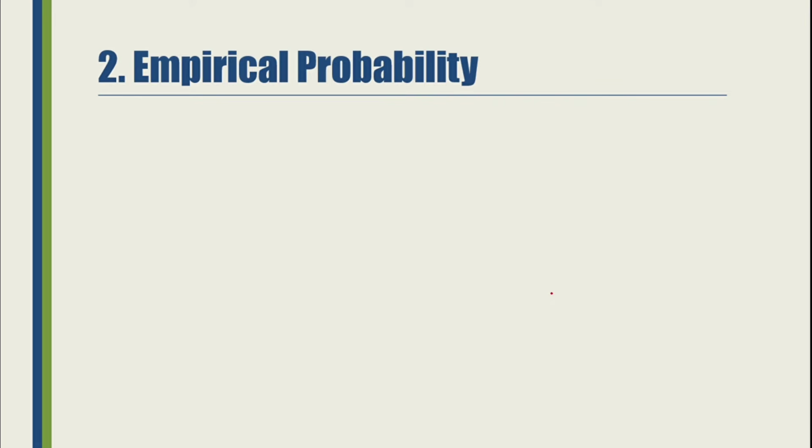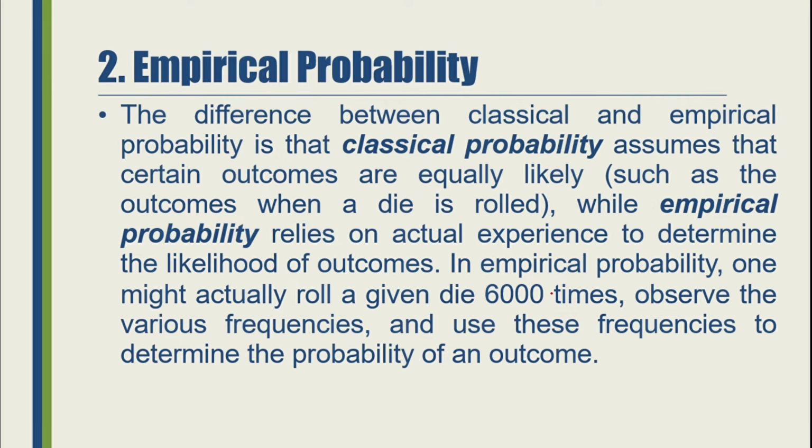So let's proceed with empirical probability. The difference between classical and empirical probability is that classical probability assumes that certain outcomes are equally likely, such as the outcomes when a die is rolled, while empirical probability relies on actual experience to determine the likelihood of an outcome.